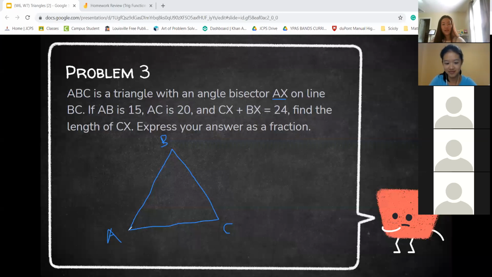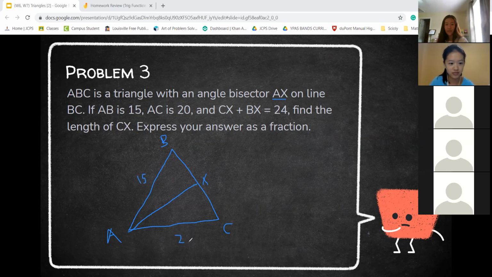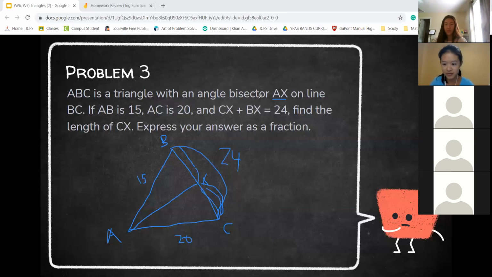So that means AX must divide angle A into 2. So I'm going to draw this and label this X. AB is this one, that's 15, AC is 20, and CX plus BX is 24. CX is here, BX is here. That must mean this entire thing, BC, is 24. And then I would start trying to solve for this part.